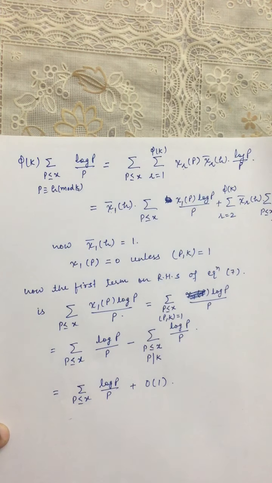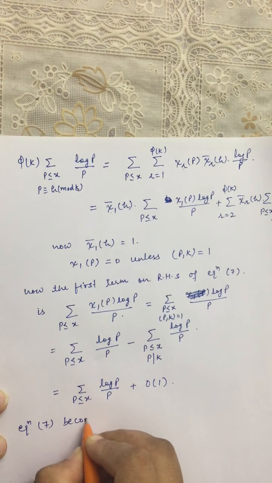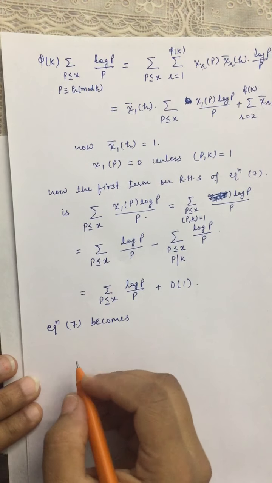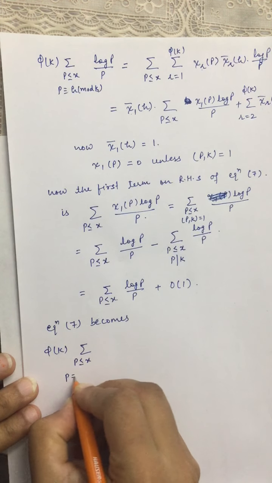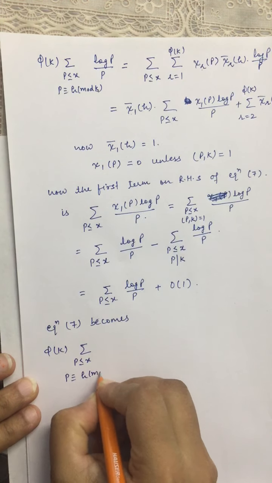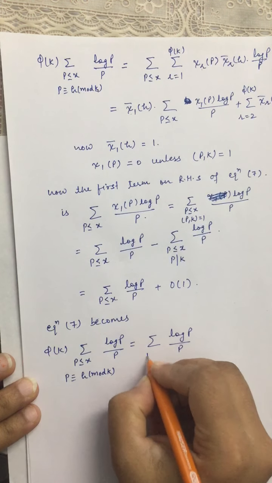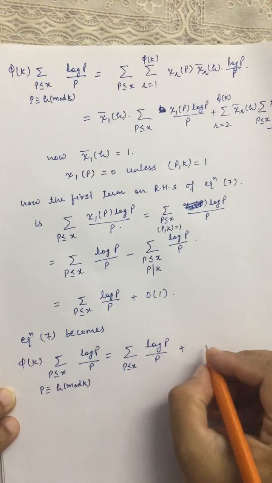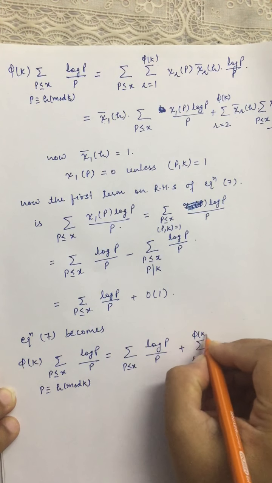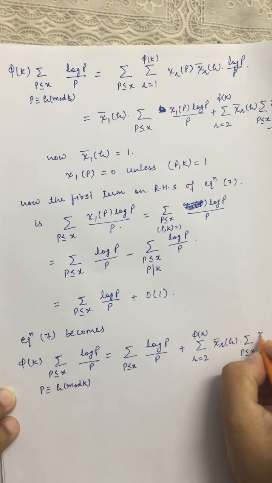So we will combine this with our equation 7. Equation 7 becomes phi k summation p less than equals to x, p congruent to h modulo k, log p upon p is equal to summation log p upon p over the primes plus order of 1, that will be our first term, and then the second term as such: summation r varying from 2 to phi k, chi r bar h, summation over the primes chi r p log p upon p plus order of 1.